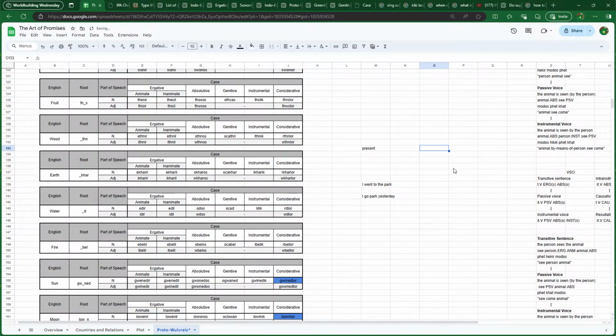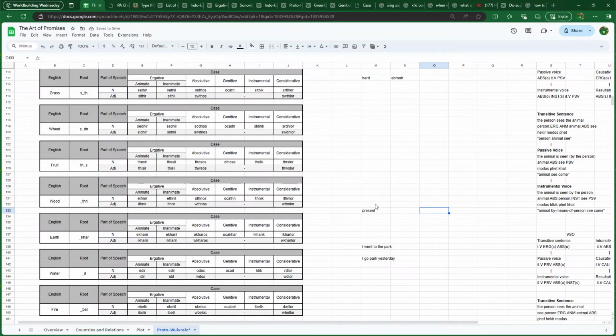Kind of like how it's handled in Mandarin. The only difference is I want to mark for a perfective and an imperfective aspect.